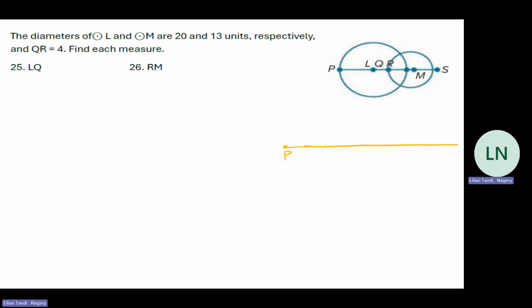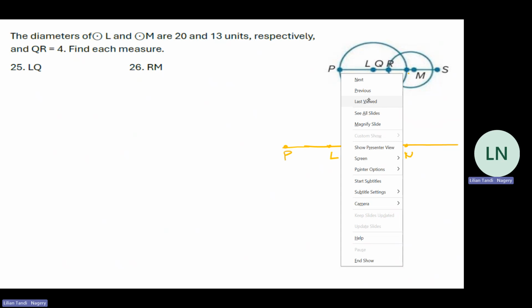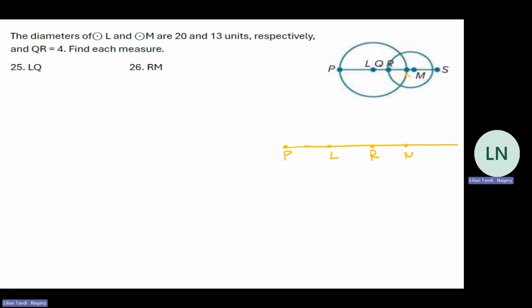Put P. Put L. Put R. There is a dot here with no R, so let's call that N. Do it on your picture so that you can also see. Then you have M, and then you have S.